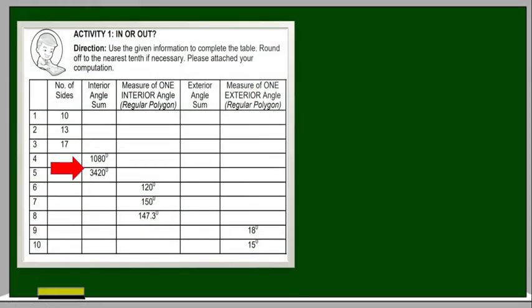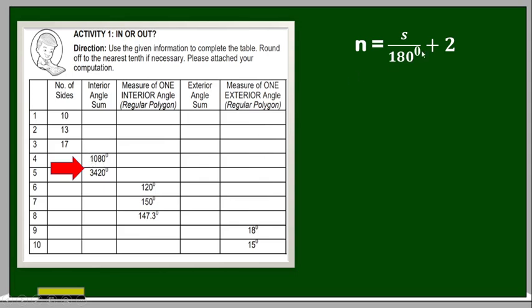Next, your guide in answering numbers 4 and 5. You will start by computing the number of sides in the first column. S, which is 1080, divided by 180 degrees, plus 2. Here you will write the answer: 1080 divided by 180.